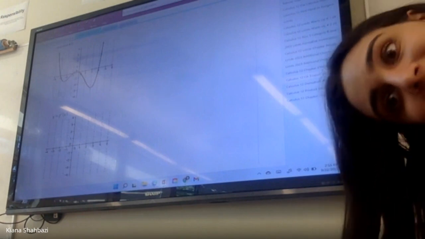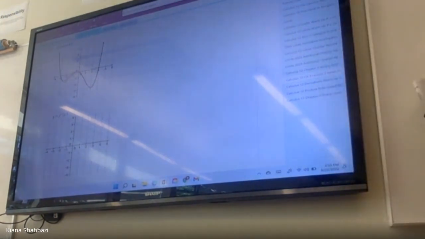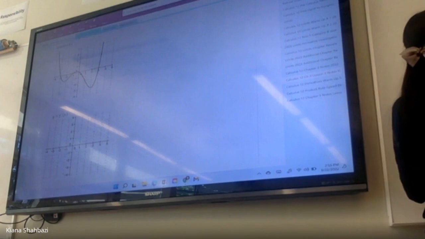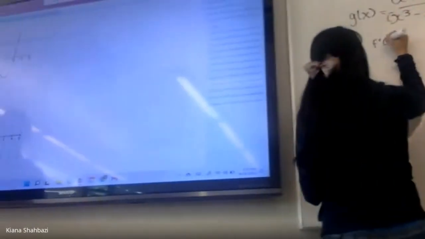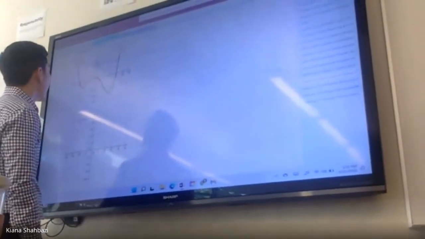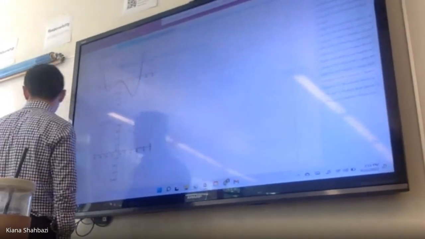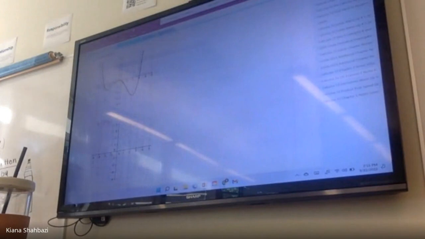It's the quotient rule, right? So I'm going to write down the quotient rule. There's only a little more talking and the class is done. So you use the quotient rule. Think of this as f of x.